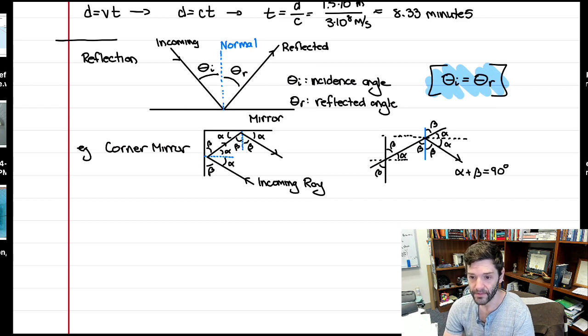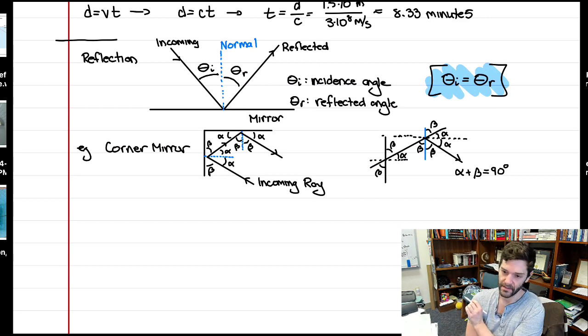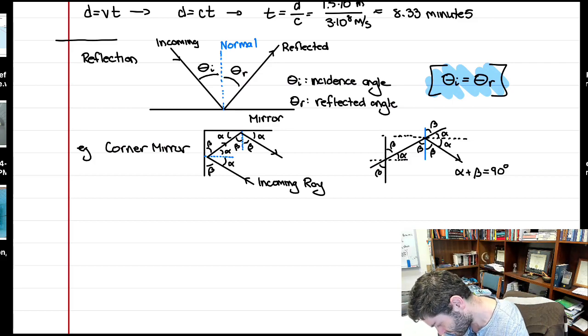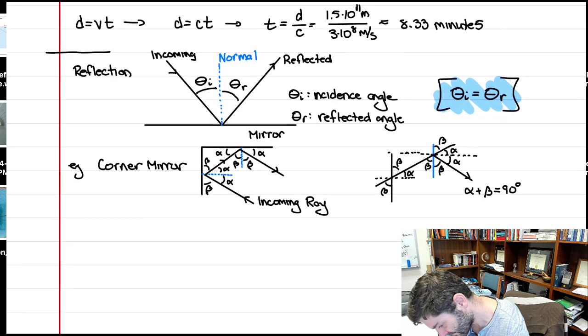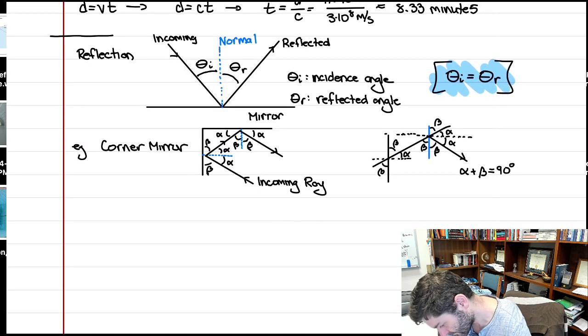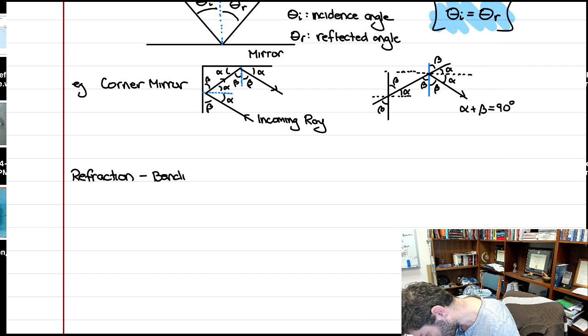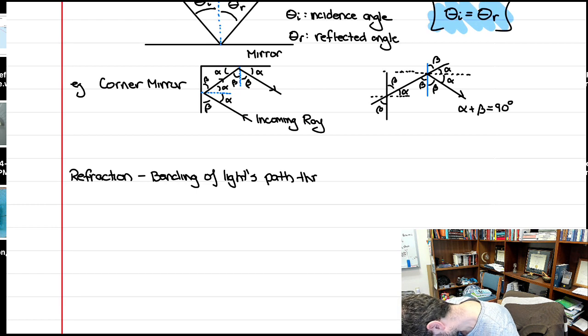Now let's talk about transmission of rays through different mediums, or refraction. This is just going to be the bending of light, really the bending of light's path through two different mediums.